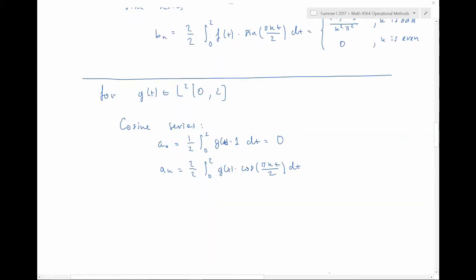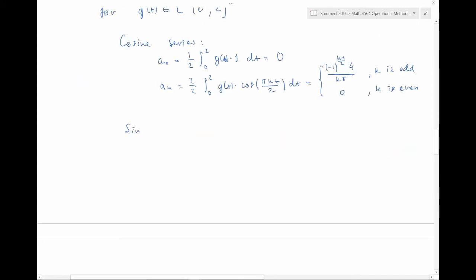So if you notice the pattern for these coefficients, again, I have (-1)^((k-1)/2) times 4 over k pi, for k being odd, and 0 when k is even.